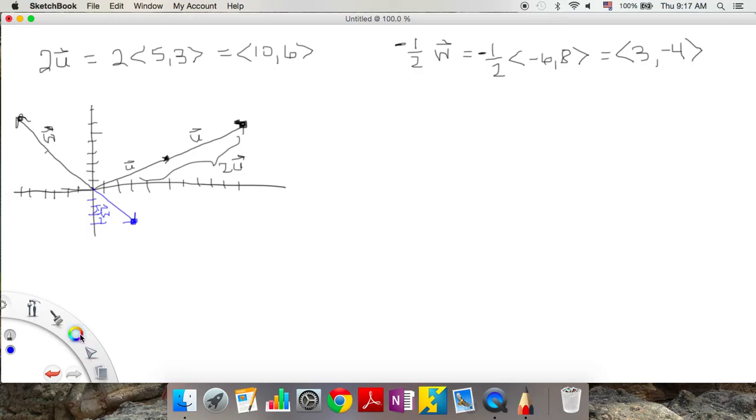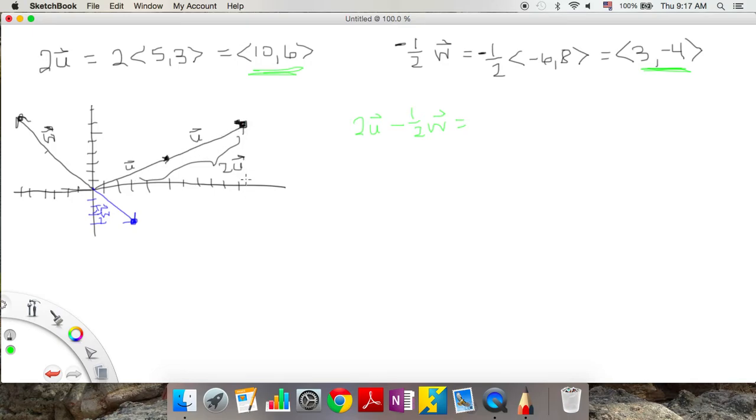Now, what happens if we want to say 2u minus 1/2 w? Well, now we're taking these vectors and putting them together. So we've got our 2u. Now we need our negative 1/2 w to be on the end.